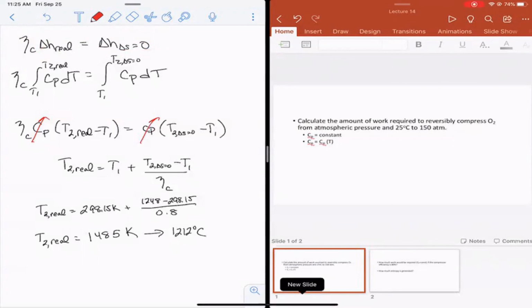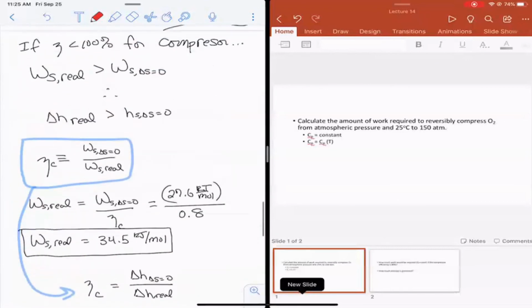Or you would be asked what the final condition of the fluid is, and then you'd be given the efficiency and have to calculate the isentropic case. But every time for compressors and turbines as well, we are going to find the isentropic case. So we'll end up finding delta H when delta S is equal to 0, because that gives you the minimum amount of work you could ever do.